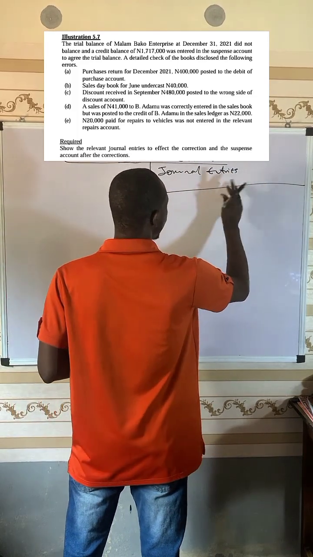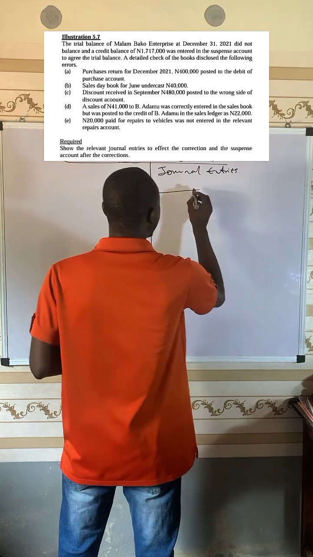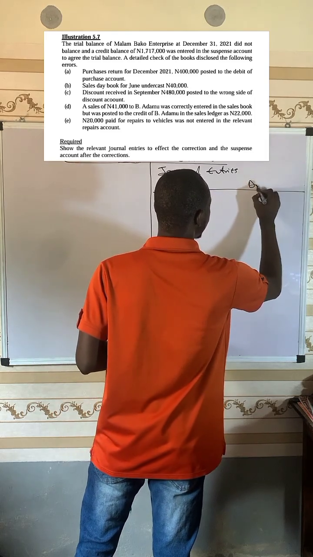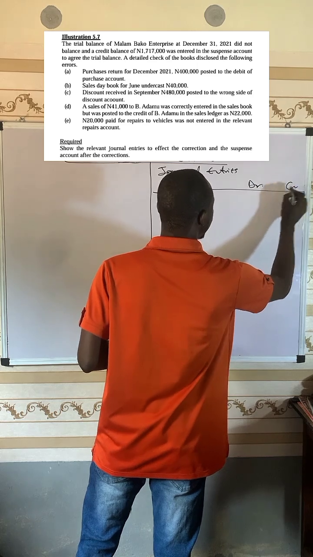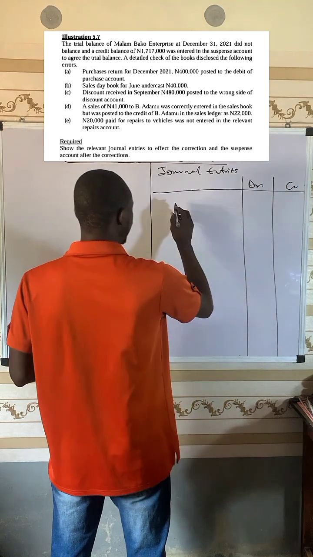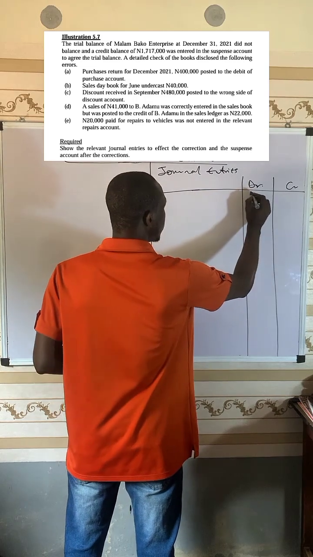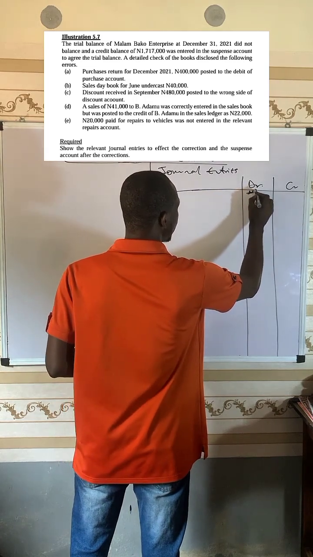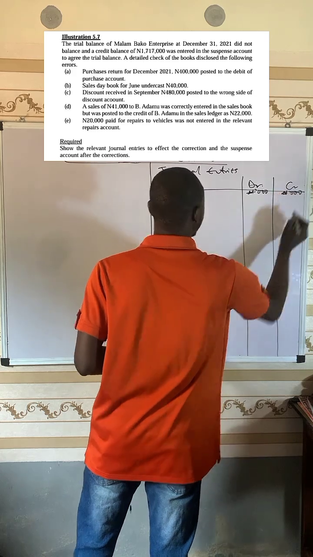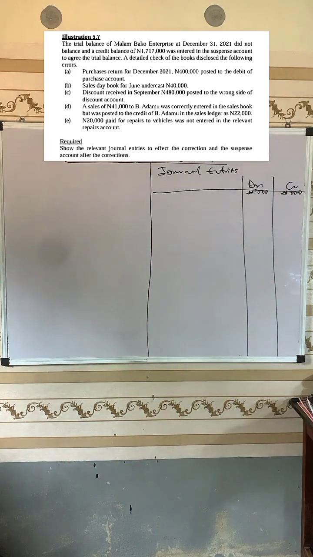In our journal, we need our debit column and also our credit column. Let's reduce our figure in thousands.